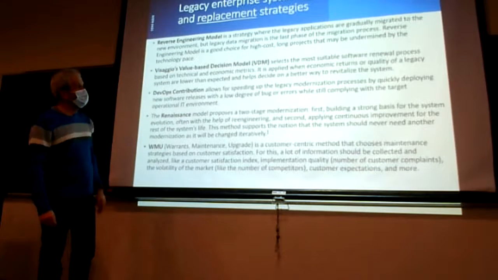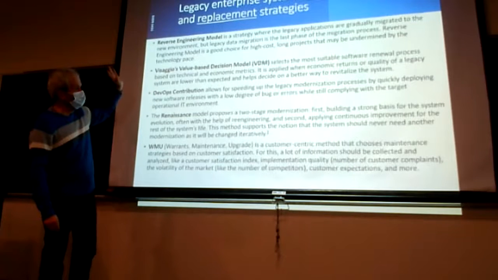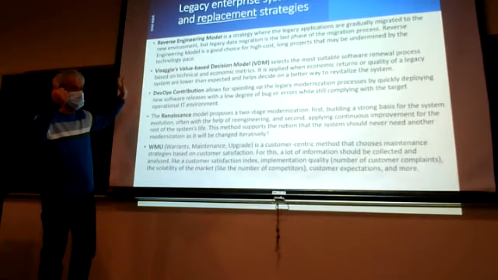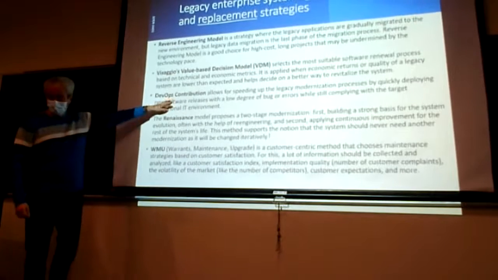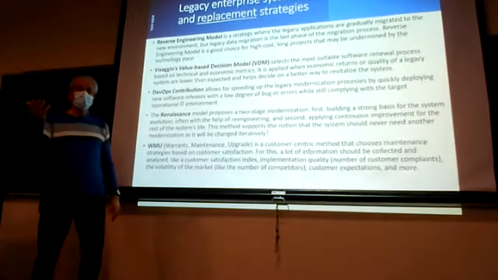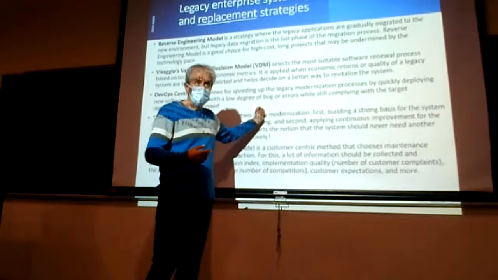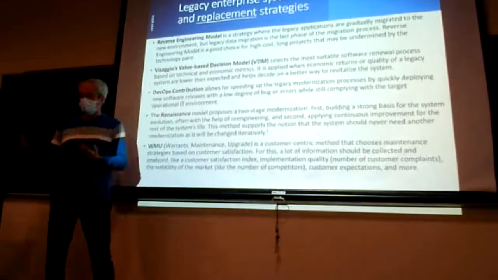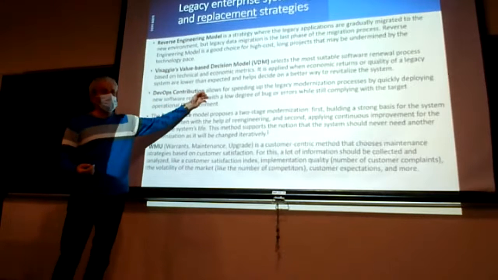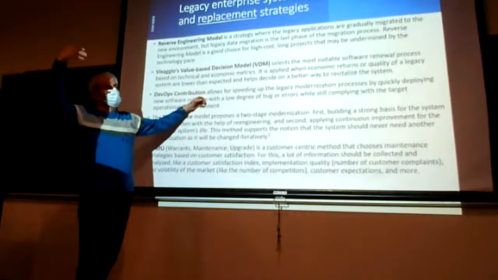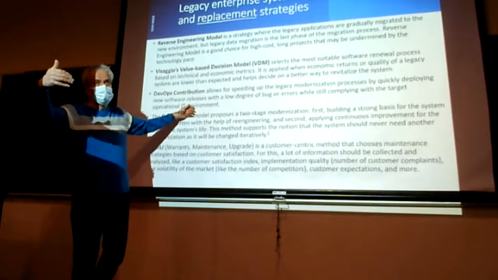There's a decision model, a renewal process based on technical and some metrics, and you try to prioritize which part should be next. You have DevOps contribution. So if we have the information coming back from operations, which can help us determine what should actually be next in line for migration, and also help us look out for something from a new application to avoid the mistakes of a current problem.